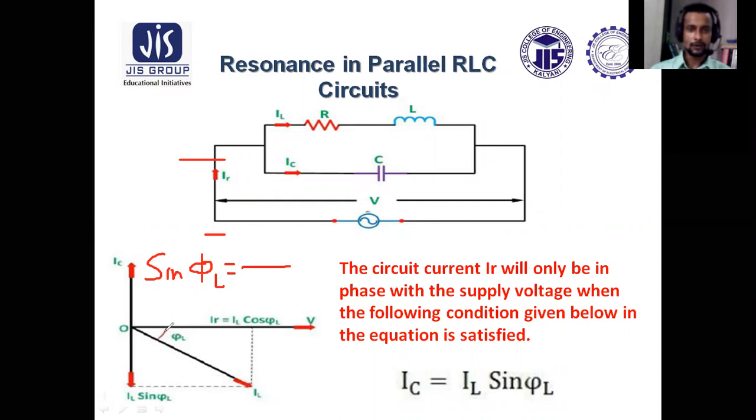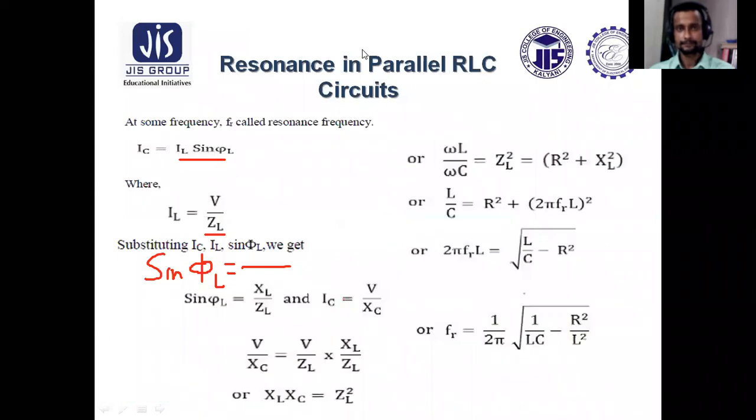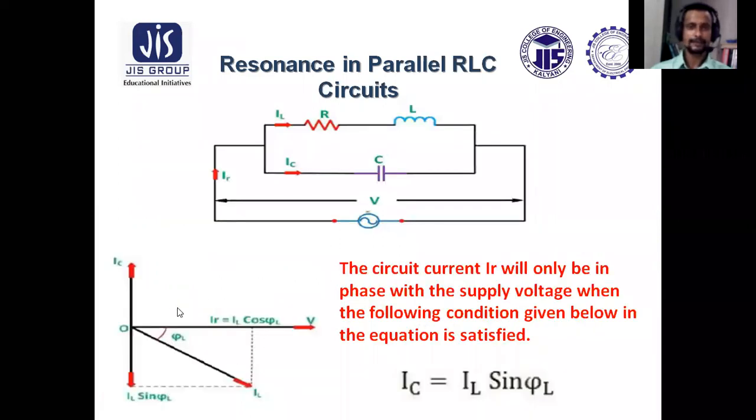Now, see here. Sin phi L is XL by ZL. How to write this? What is XL here? This is the XL.